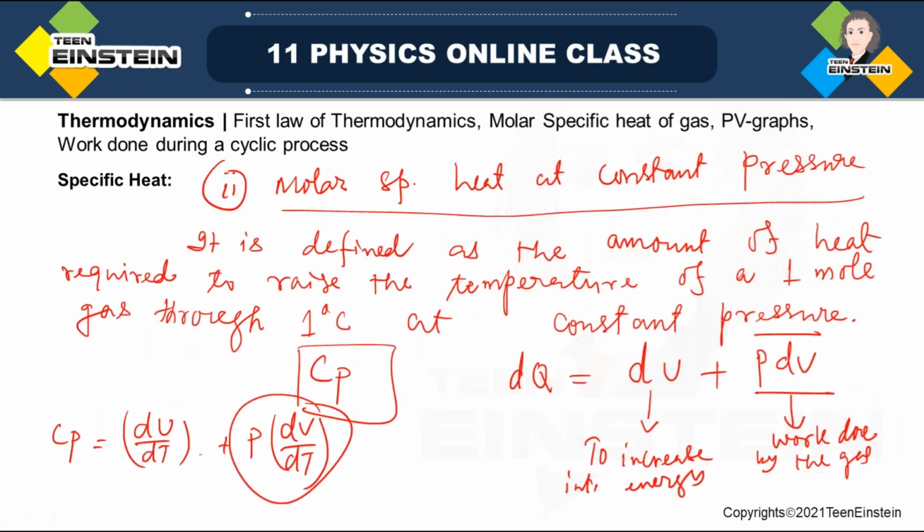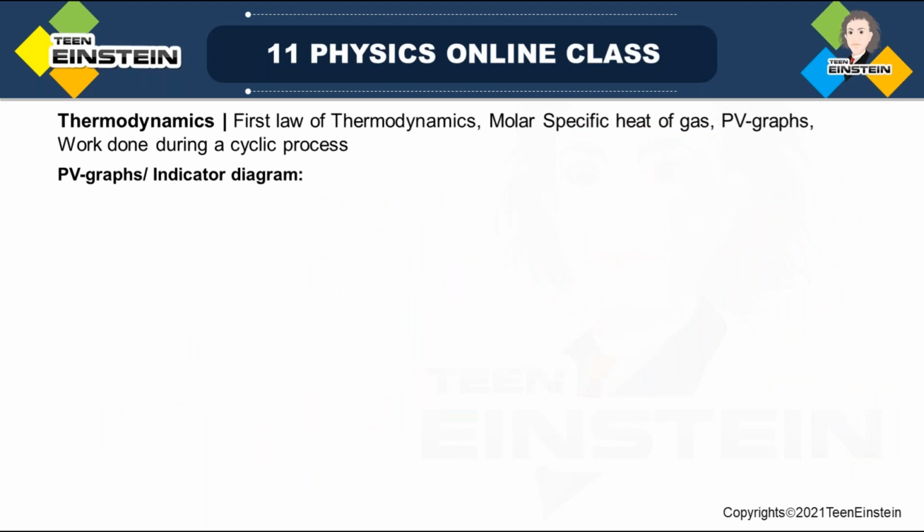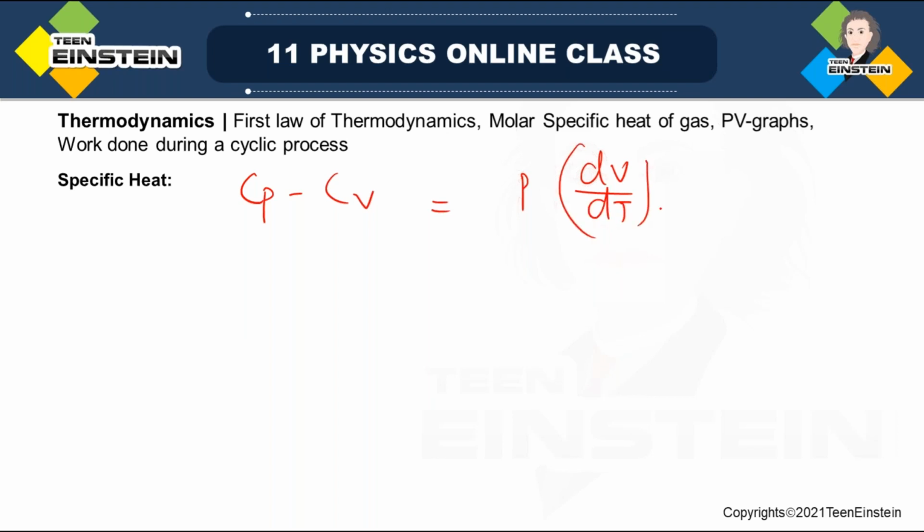So Cp minus Cv is equal to P dV/dT at constant pressure. This is the extra term over here.